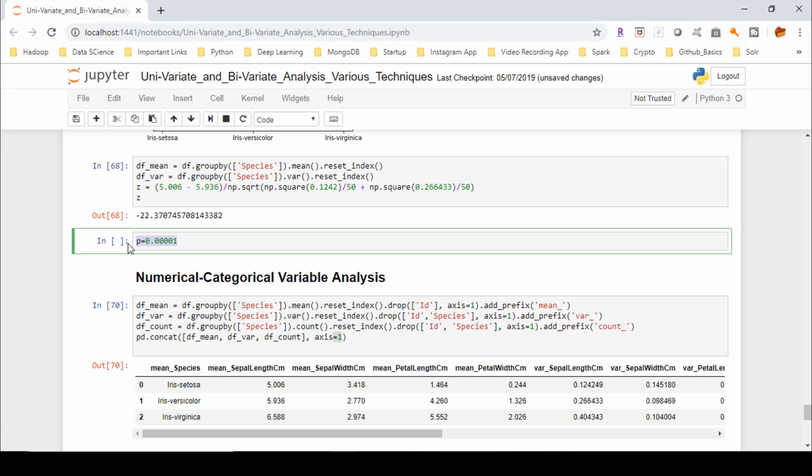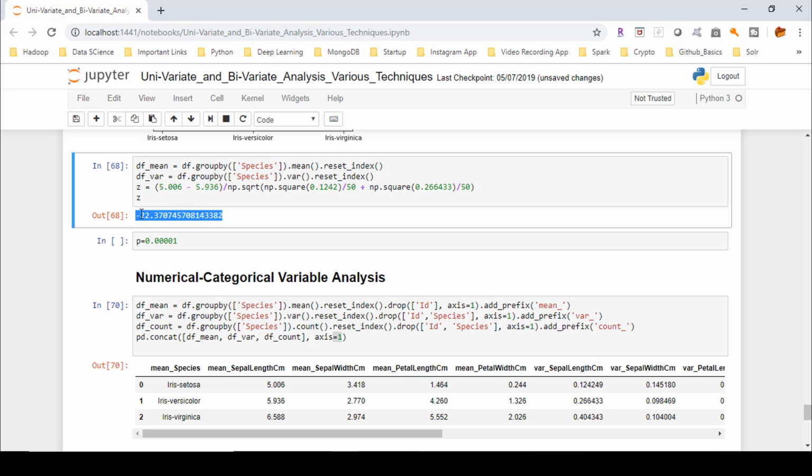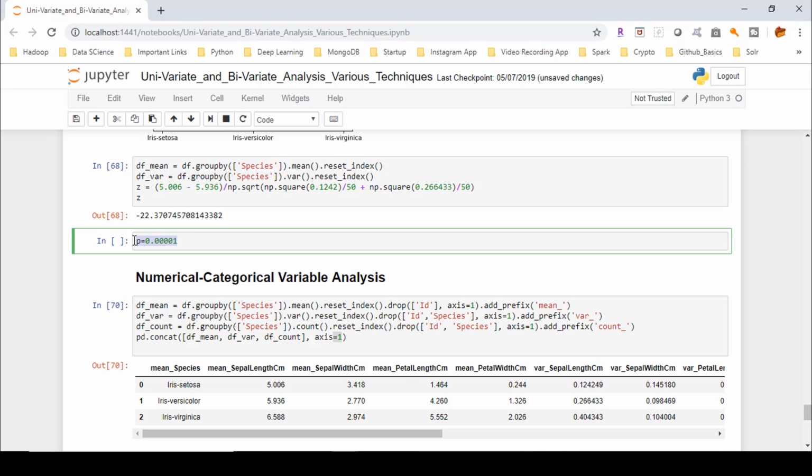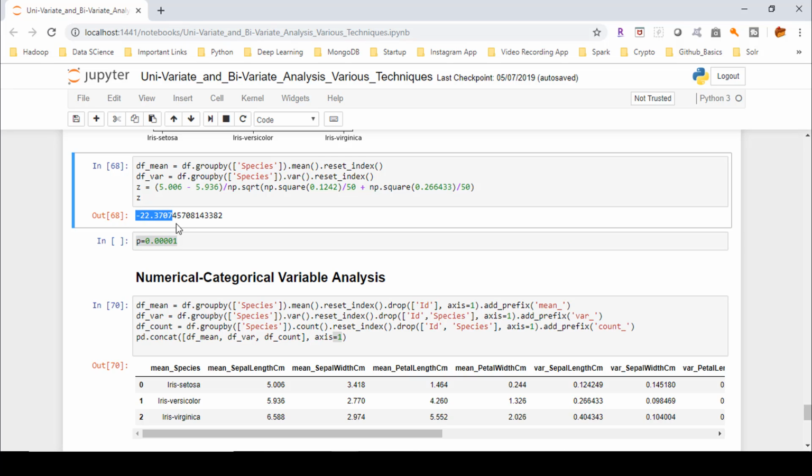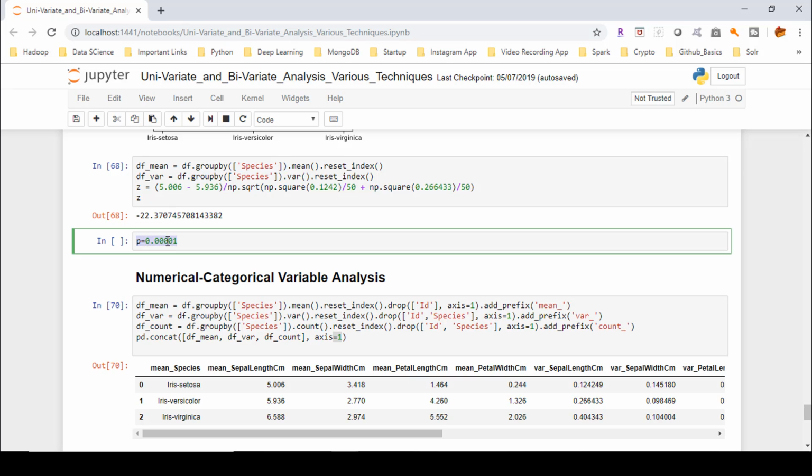I repeat once again, we look up this z value in the z table to find the probability. So I directly looked up this particular value, minus 22.3707, in the z table to find the p value, and the p value came out as 0.00001. And this probability value is very low.